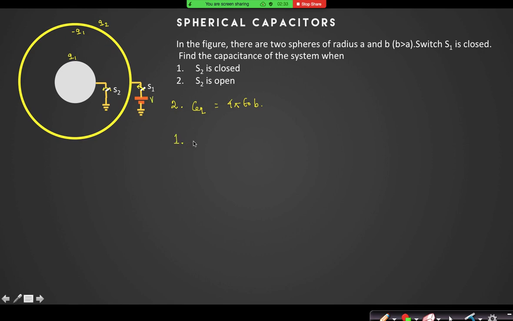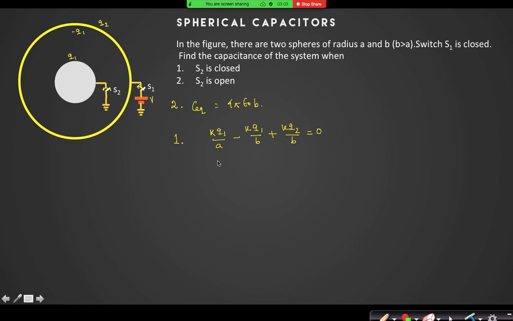So I can find the value of Q1, Q2, and I can find the relation between Q and V. So what is Q1? I can say the potential of the inside shell is 0. So I can say KQ1 by A minus KQ1 by B, and plus KQ2 by B is equal to 0. That is one equation I can write.